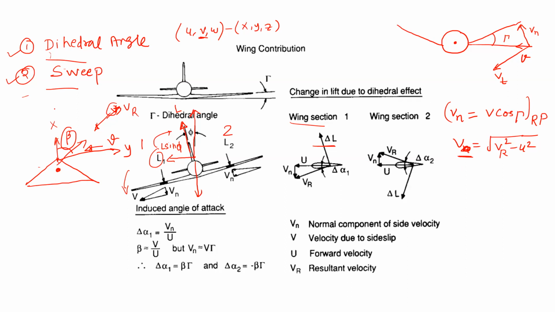That is definitely correct, because U is along this direction and small v is along this direction. Let's imagine W is equal to 0. So your answer is correct, but this is actually the V itself. What we are trying to decompose here is the side velocity, the velocity of air coming from the Y direction. We are decomposing it perpendicular to the wing and parallel to the wing.